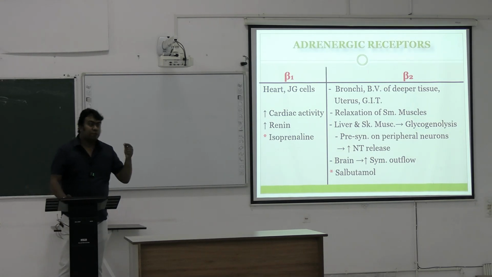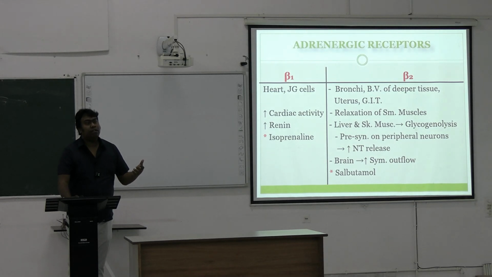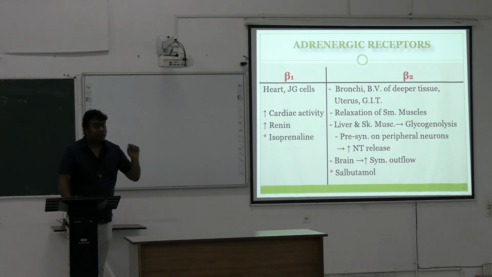Salbutamol stimulates beta 2 present in the tracheobronchial tree. If there is stimulation of beta 2, what happens? Relaxation of smooth muscle of the tracheobronchial tree, so it can be used in bronchial asthma.